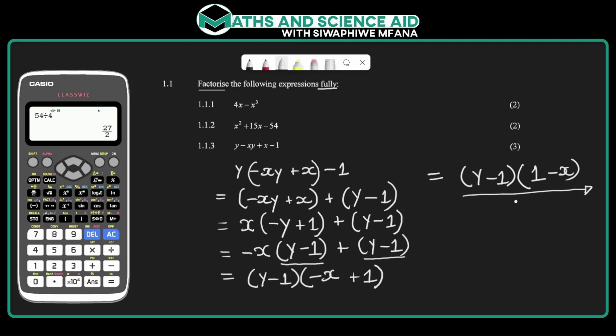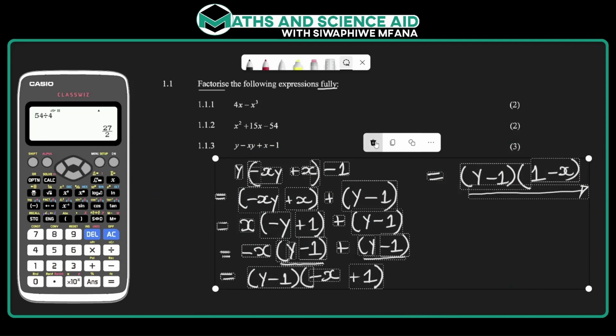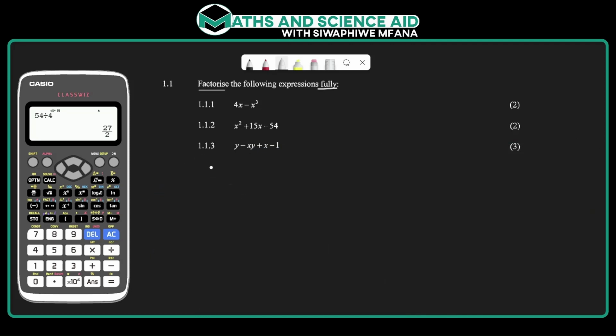And I hope that you did take note of the answer we obtained initially. Now I want us to compare this answer with the answer that we obtained initially. So our first answer was x minus 1 into 1 minus y.